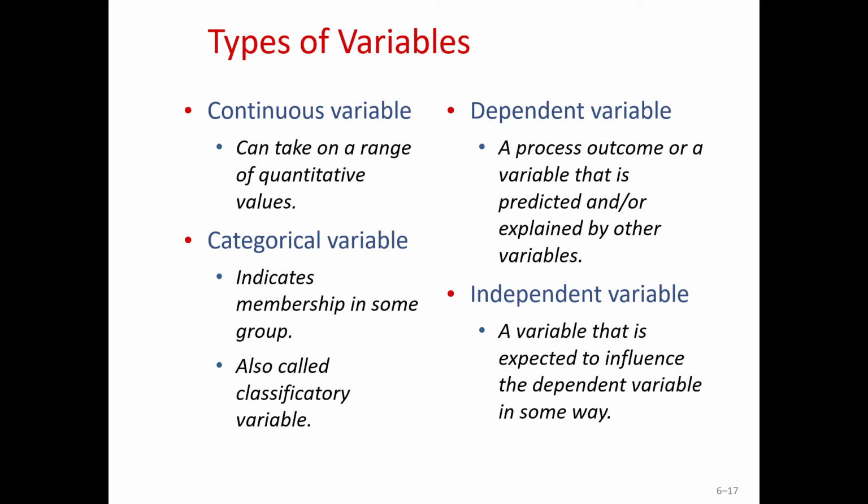A dependent variable is a process outcome or a variable that is predicted and/or explained by other variables. An independent variable is a variable that is expected to influence the dependent variable in some way. Such variables are independent in the sense that they are determined outside of the process being studied.